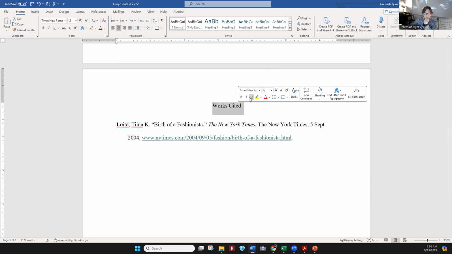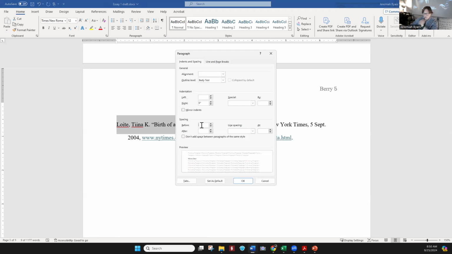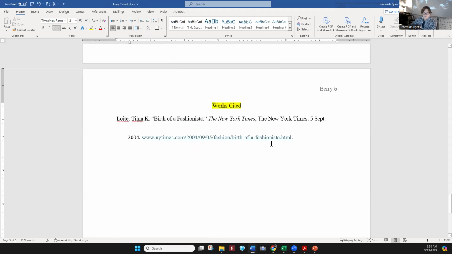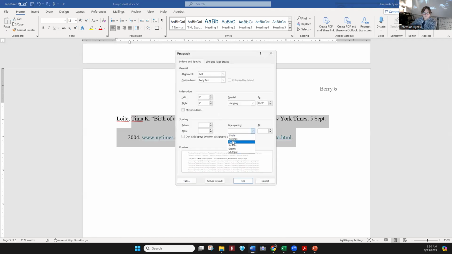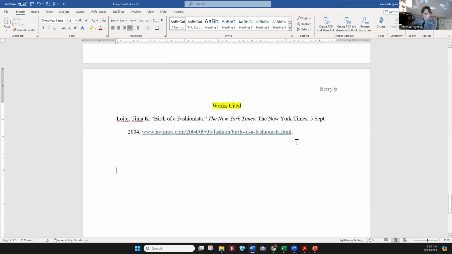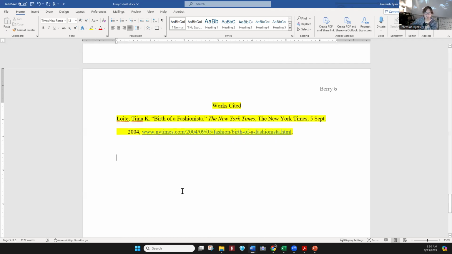So this would be an error. And then there's too much space between these. This should say 0, 0, double. So that's 2 errors right there. So this person would have already lost 10 points.